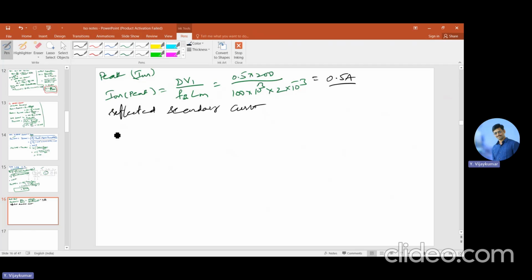If we talk about secondary, IS minimum dash means the reflected current, which is equal to n times IS minimum. So reflected means we just multiply the turns ratio to the secondary current. So reflected is always the effect in the primary.